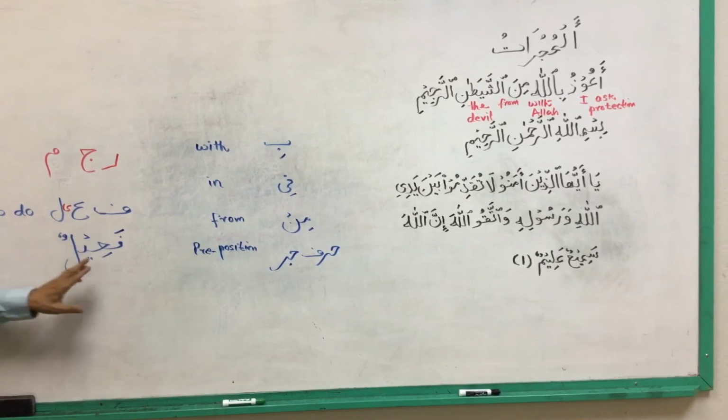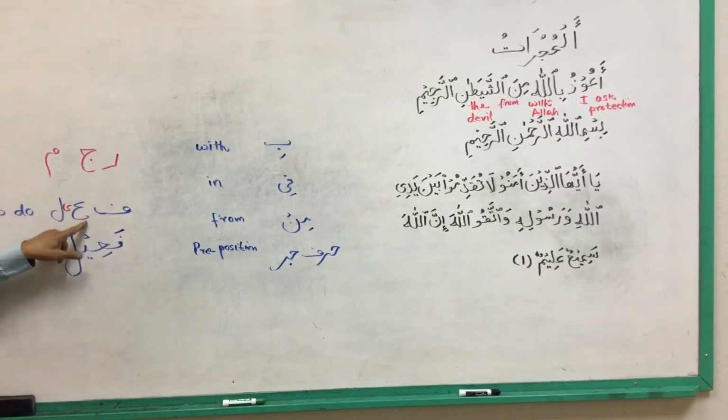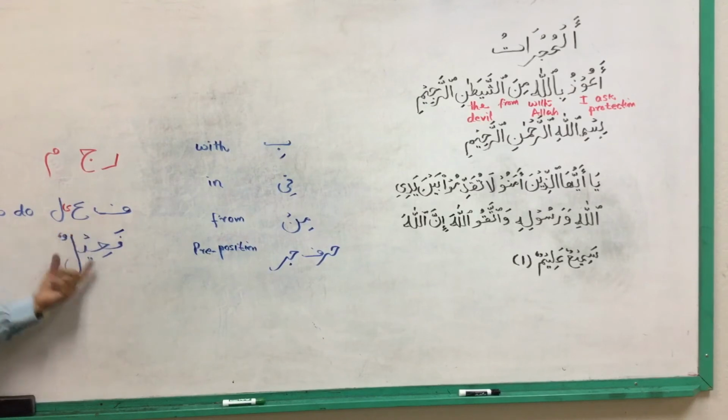So what we did, we just put an alif in between the first and second letter. Fa'il. So when we make a word on this template, the meaning of this is a doer.